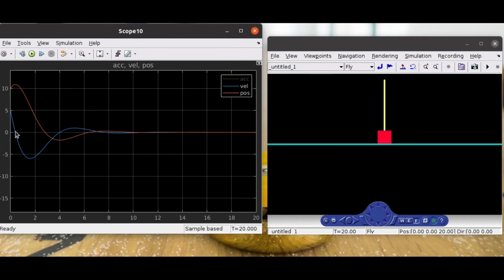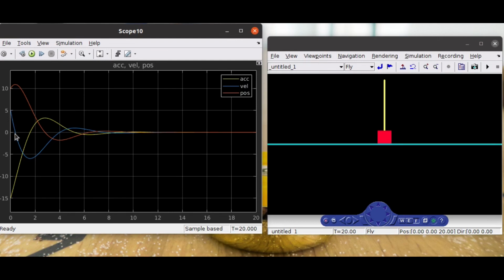So the force, which is the negative sum of position and velocity, will start at minus 15. So minus 15 units of force will be acting on the body opposite to its velocity.